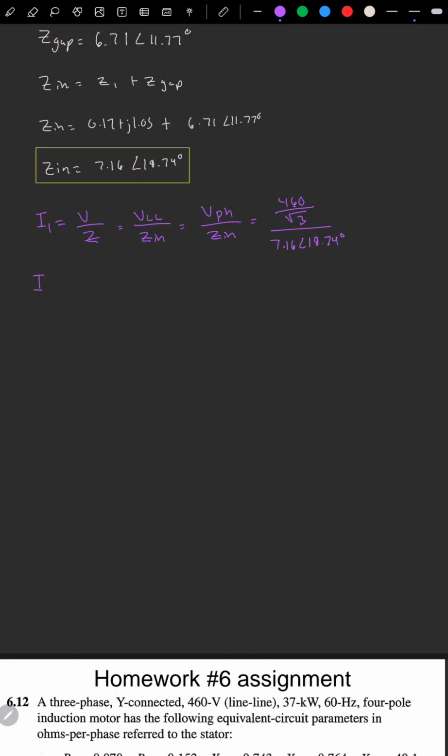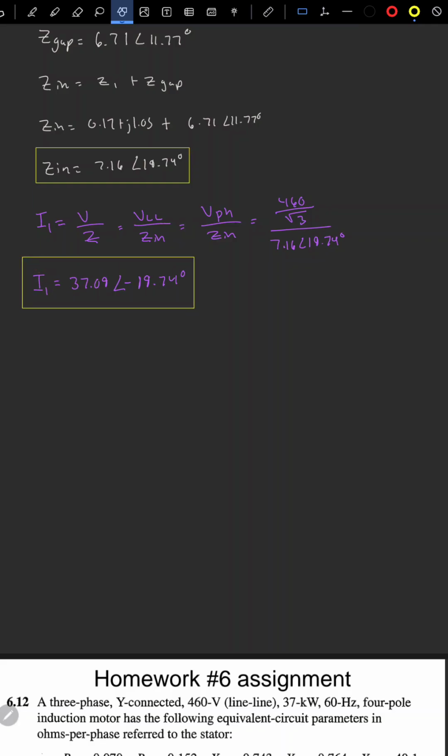So our I1 is going to equal 37.09 phase negative 19.74 degrees. And that is our motor phase current.